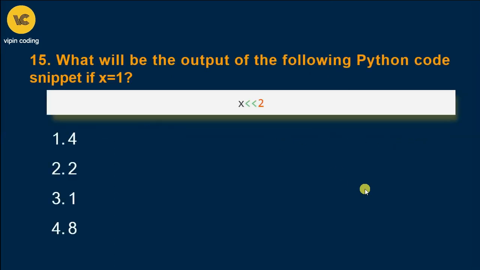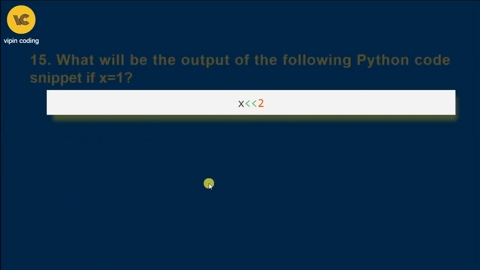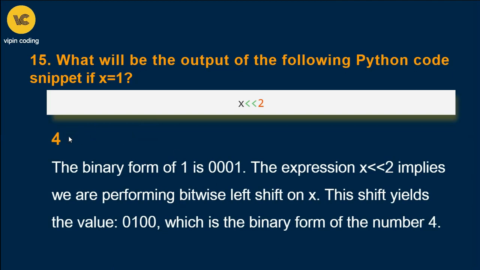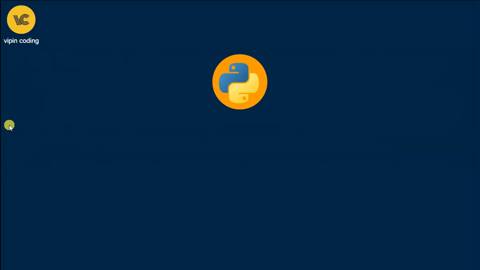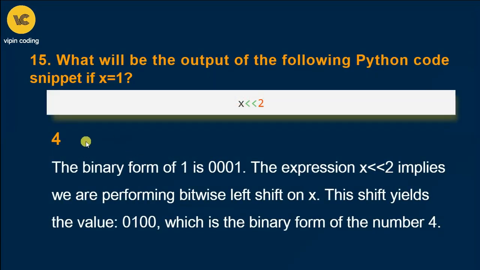So next question is, what will be the output for the following Python snippet if x equals 1? It says if x value is 1, then what will be the output for this? Let's see our options: 4, 2, 1, 8. What is the answer for this? The answer for this is 4, right? The binary form of 1 is 0001.